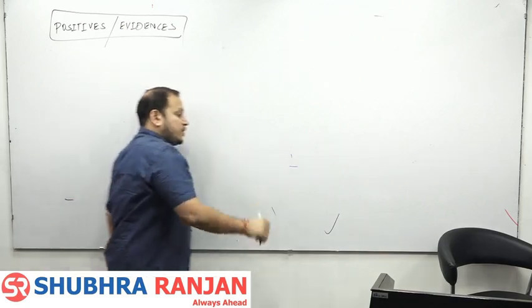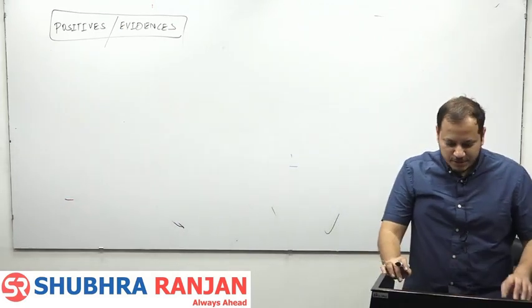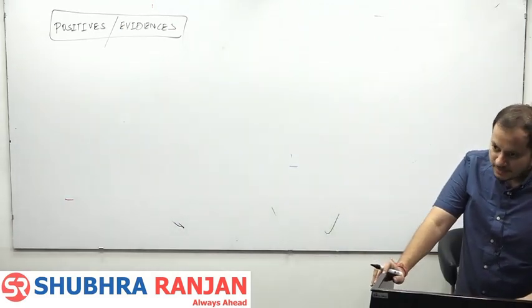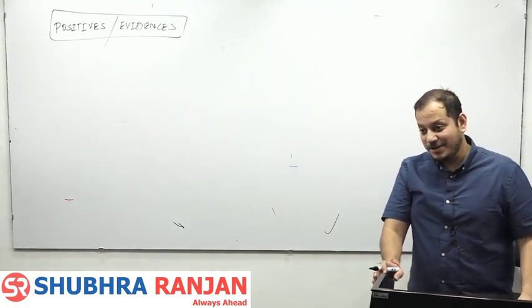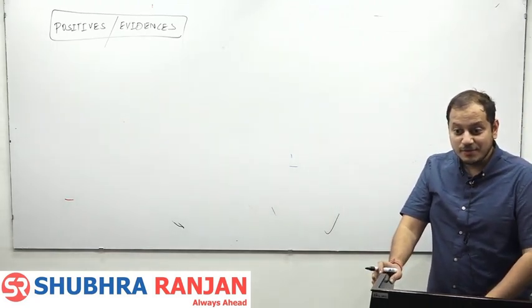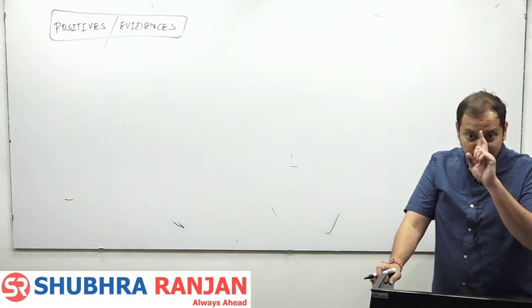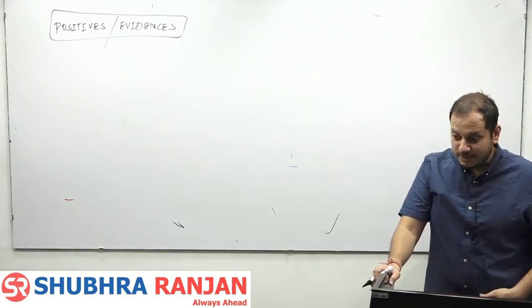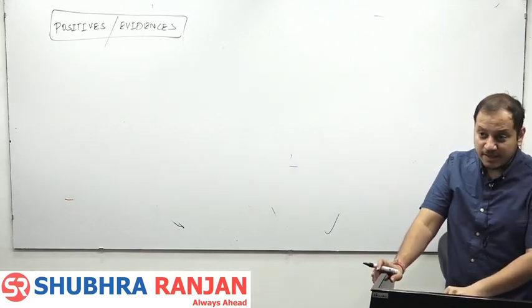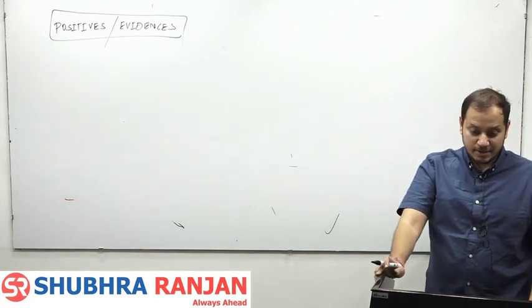Next is the positives or the evidences. What is the biggest positive of his theory? The biggest evidences, not the positive. Means the first is jigsaw fit. Your answer should start with the jigsaw fit. That is the most important evidence. हमेशा mains में when you write anything, you have to write in the order of their importance.